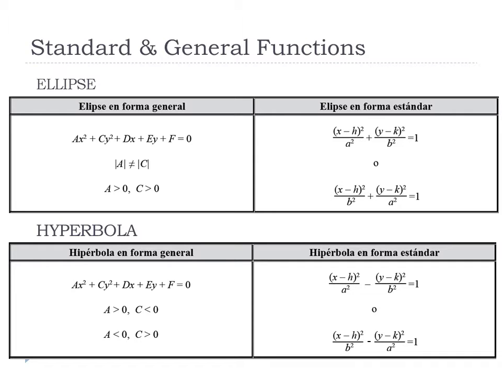And once again, you're going to transform into the standard form by completing the square, in this case for both x and y terms, and you're going to get this. Now this is going to give you either a horizontal or a vertical hyperbola. We're going to see how in a minute.